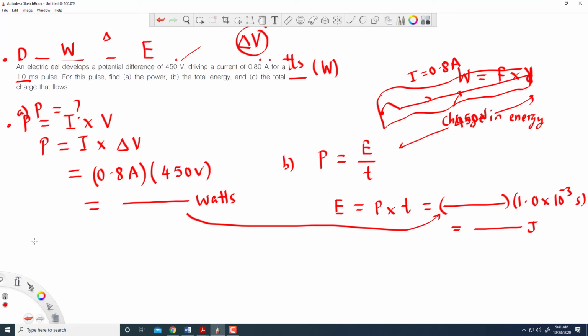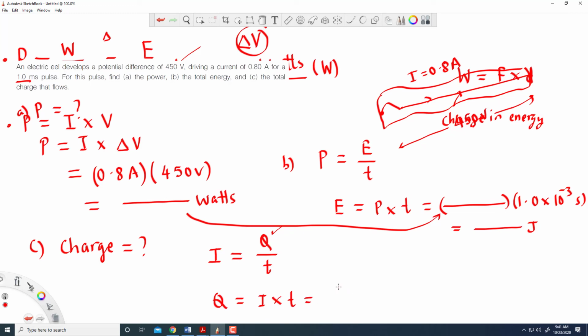And then for the third one, what's the total charge? We know the definition of current. Current is charge per time. Okay, we want to find the total charge. So total charge would be I times t.